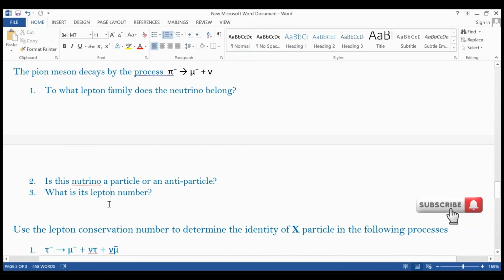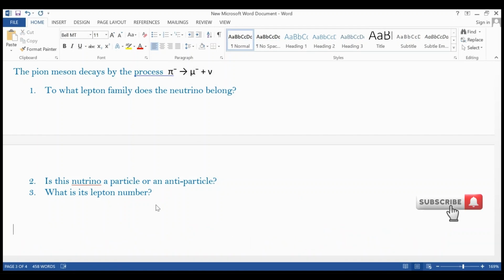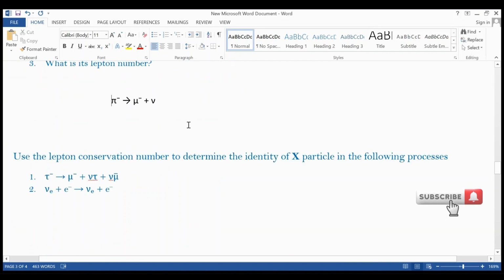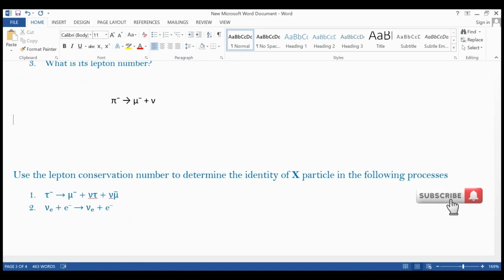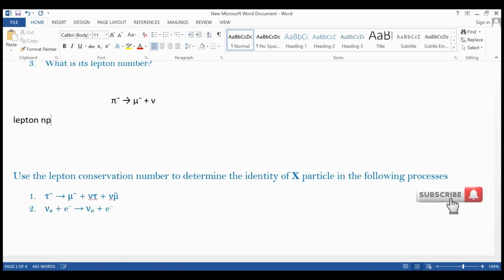So starting from the lepton number, for pion, lepton number will be 0. This doesn't belong to the lepton family.